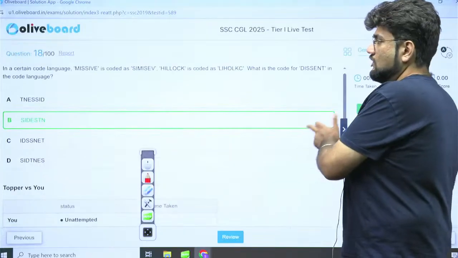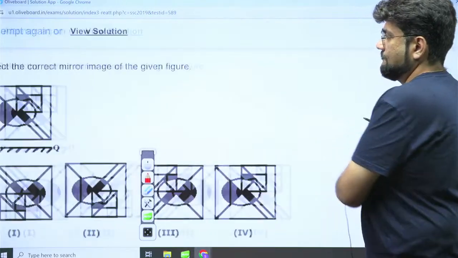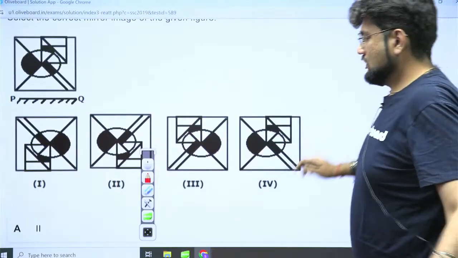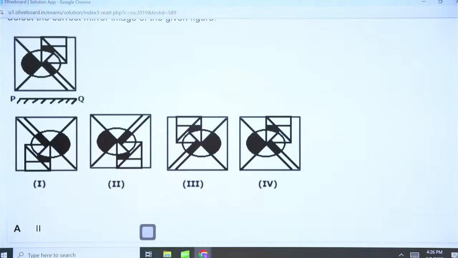Okay. Next. Correct mirror image. Arey, what's wrong? Okay, so basically this is water image, not mirror image. This image is just flipping downwards.